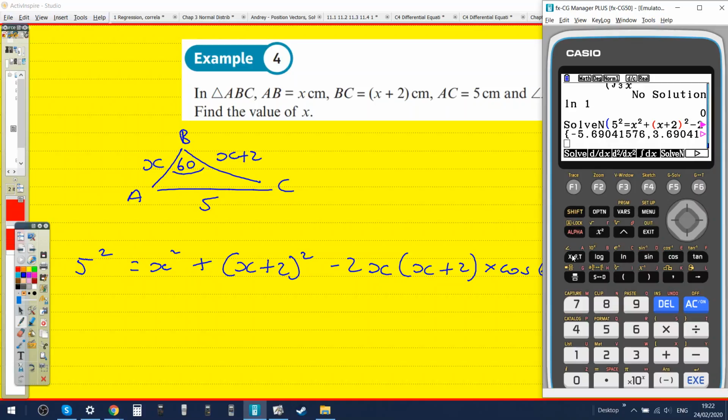I got 0. Shouldn't. Did you do solve n? Oh no, I didn't. Sorry. So how do I do the solve thing? Option and calc.